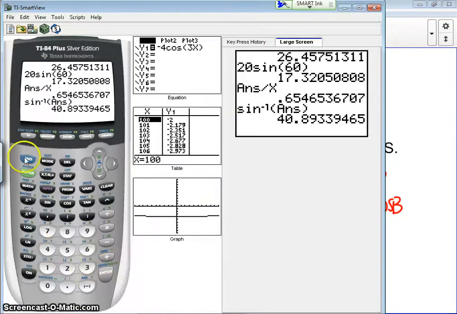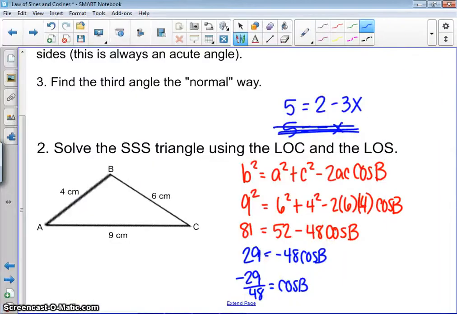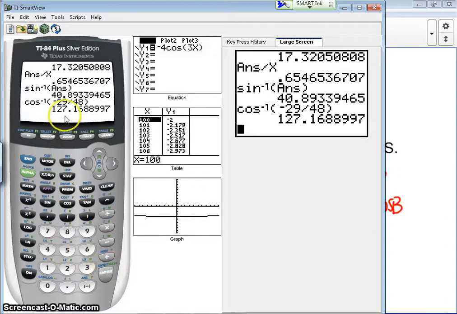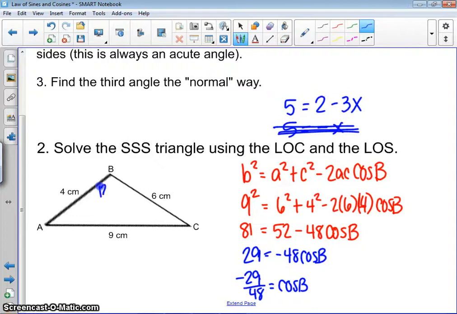The cosine inverse of negative 29 over 48 is just going to be 127.2 degrees. I'm going to round that to 127.2 degrees. All right, that's my first step.